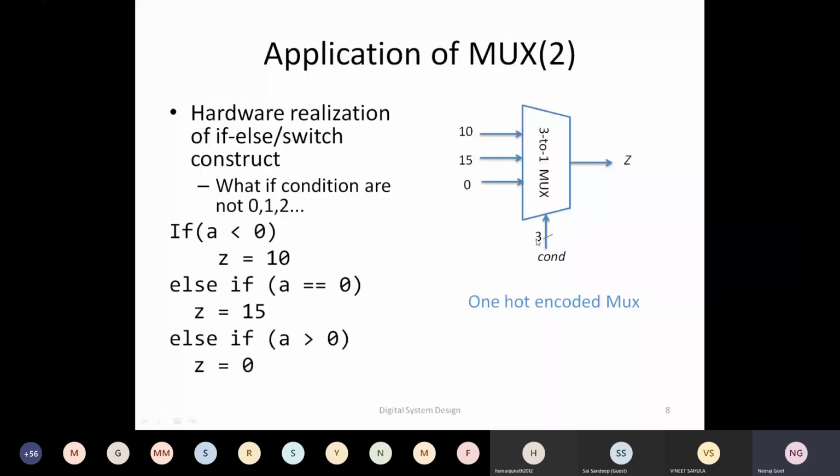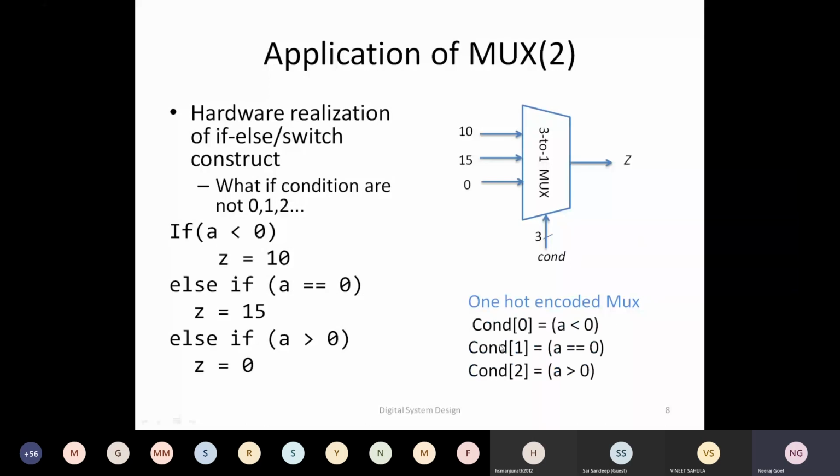If the 0th bit is true, then 10 would be taken. If the first bit is true, then 15 would be taken. If the second bit is true, then 0 would be taken. It would be ensured in one-hot encoding that only one of the bits would be 1, and in that way it is easier to design this.